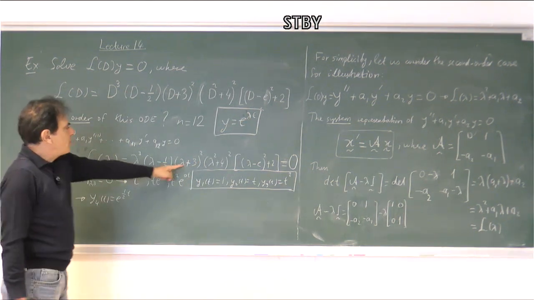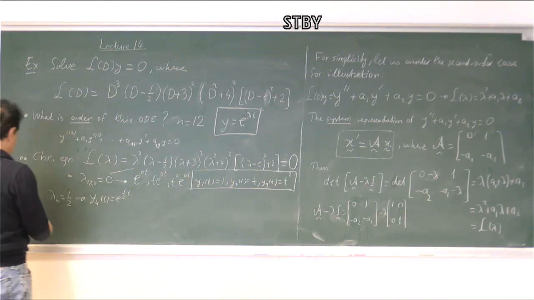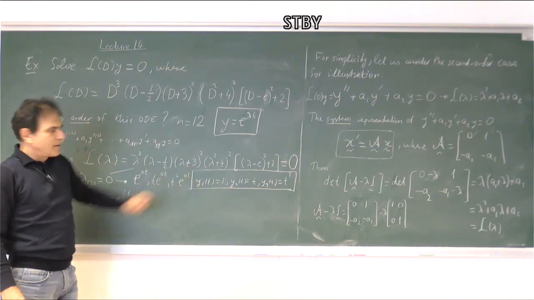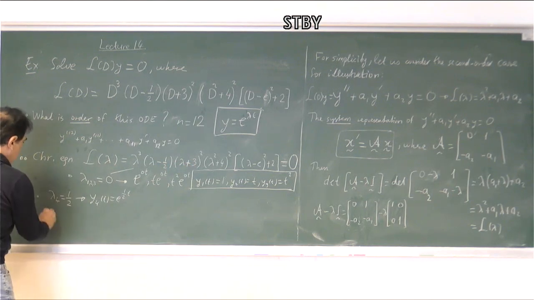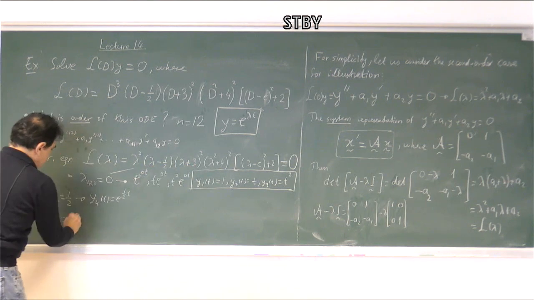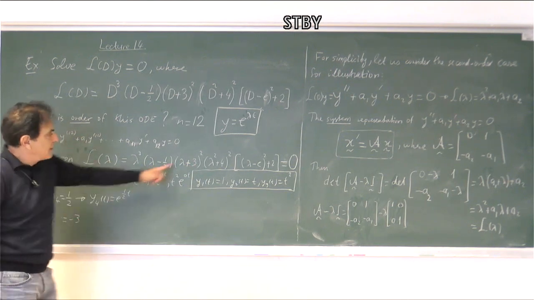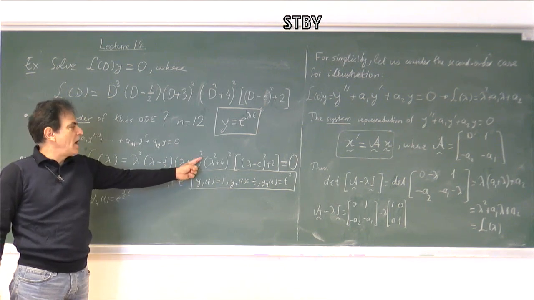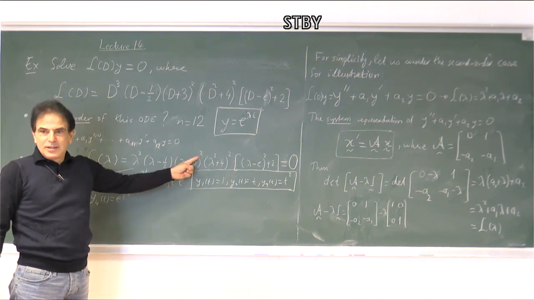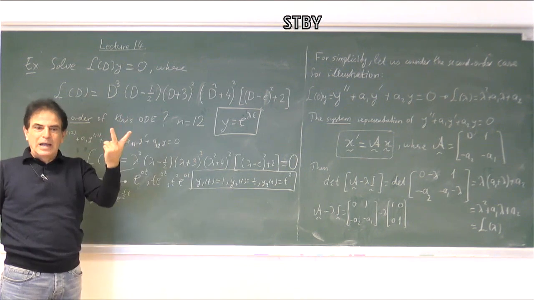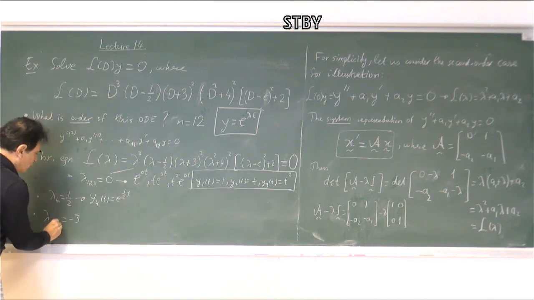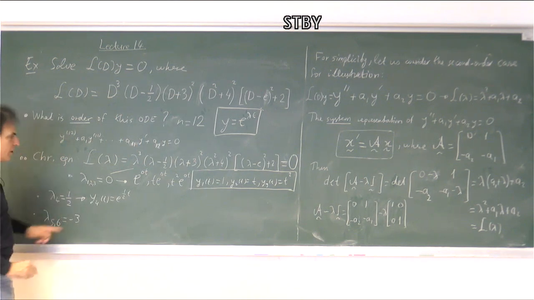And lambda plus 3, look at that, lambda plus 3 suggests that lambda 5 is minus 3. But we have one more factor, lambda plus 3 times lambda plus 3. So this root repeats 2 times. It is a double root. So it represents 2 roots of the characteristic equation.